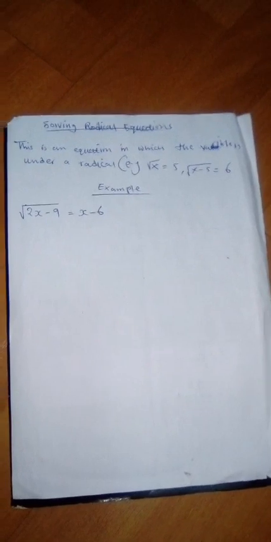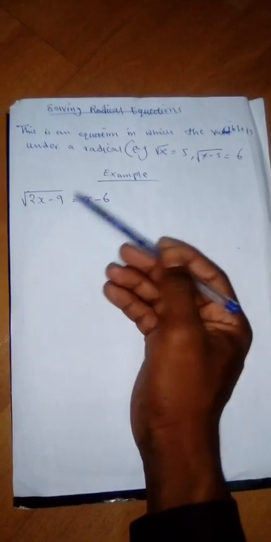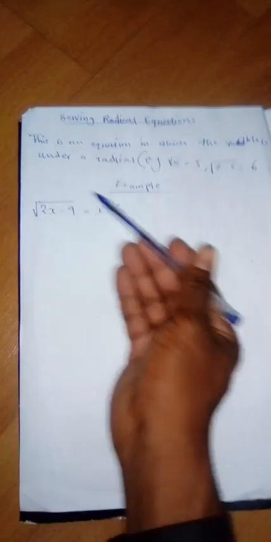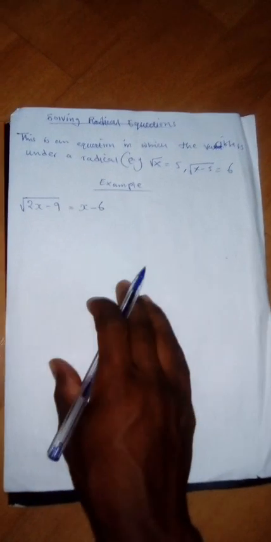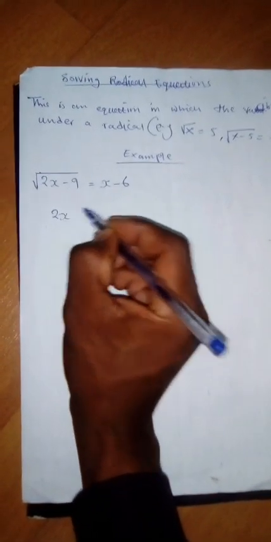Then the second step is to square both sides of the equation. In this problem there is no need to separate anything because we do not have two radicals, we have only one. So we go directly to the second step, which says we have to square. This one will come as the square root of 2x minus 9.